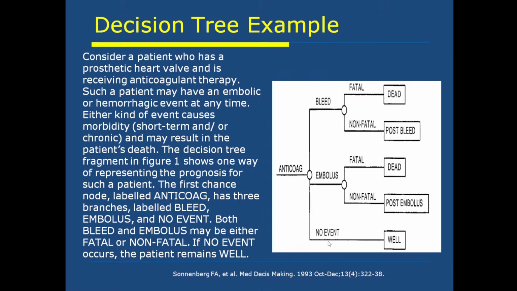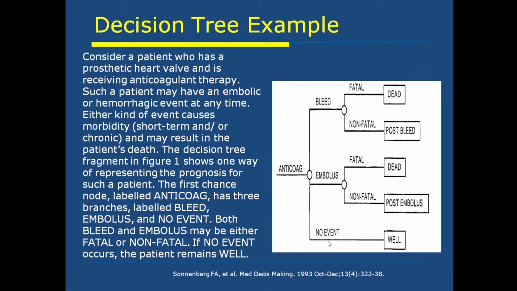Each kind of event causes morbidity, short-term or chronic, and may result in the patient's death. The decision tree fragment in this figure shows one way of representing the prognosis for such a patient.